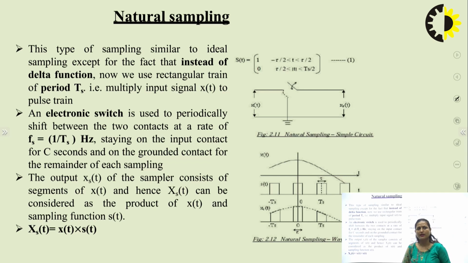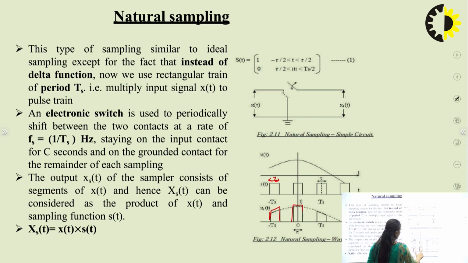The next type of sampling is natural sampling. Natural sampling means your signal is multiplied with a train of rectangular pulses, which have a width of tau. A tau width rectangular pulse is multiplied with your message signal, and at the output you get this type of signal.